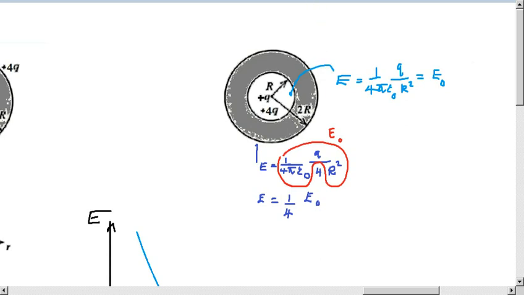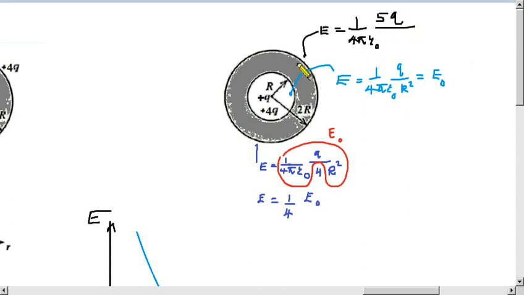Now let us calculate here, just out of this outer surface, the point is this one. So E equals 1 over 4 pi epsilon naught. Then what is the total charge? 4q plus q is 5q.